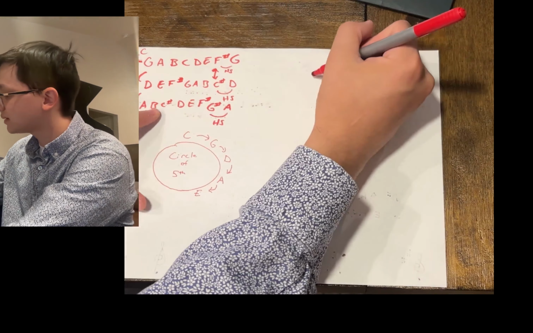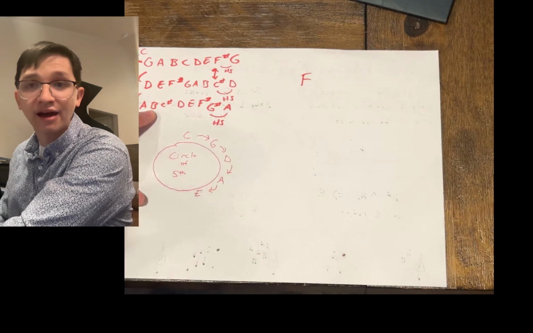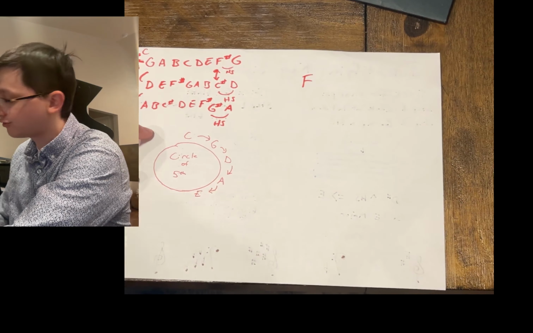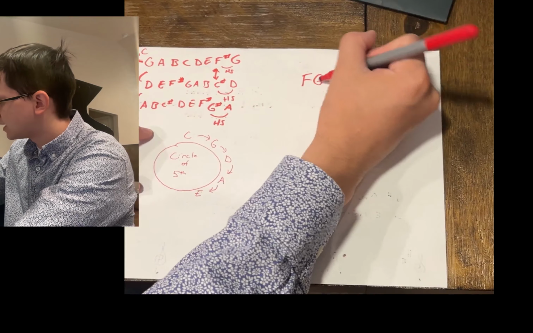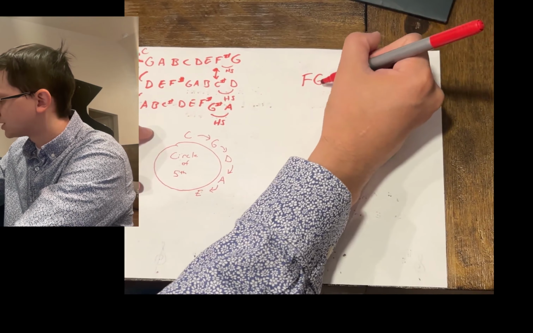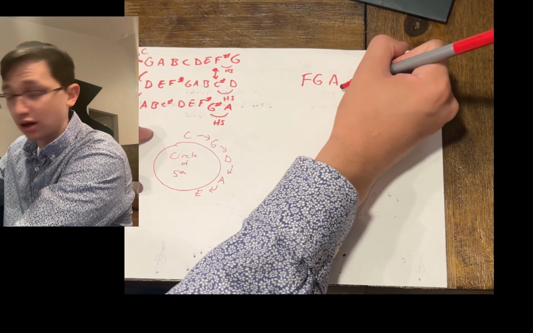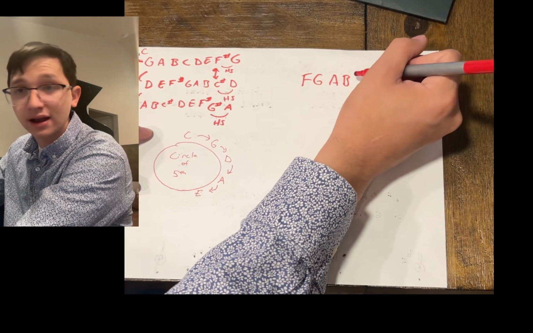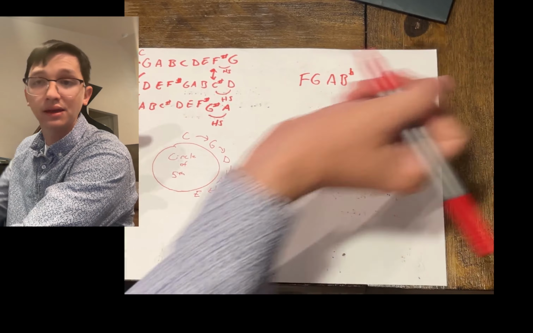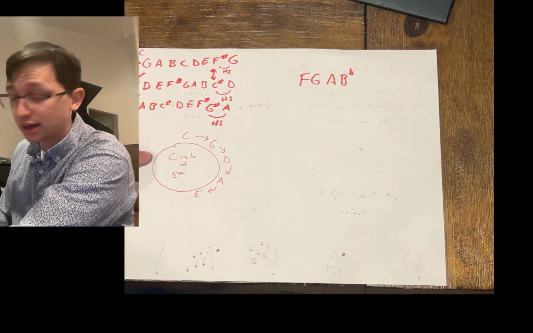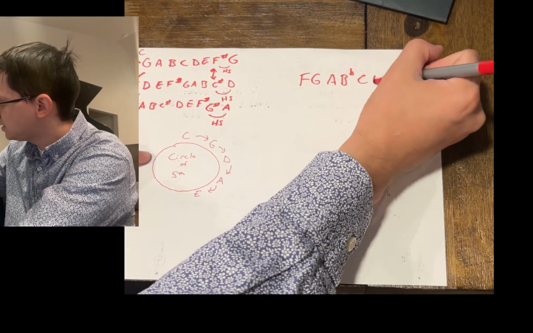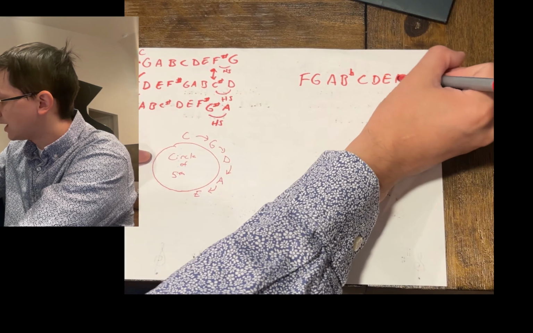So there were certain times where they, for example, found F. They started on F, and what they found is that you have F, up a whole step is G, up a whole step is A, up a half step is not A sharp, but it has to be B flat. Then C, then D, then E, and then F.